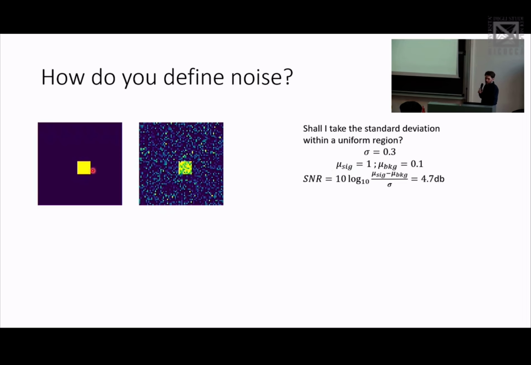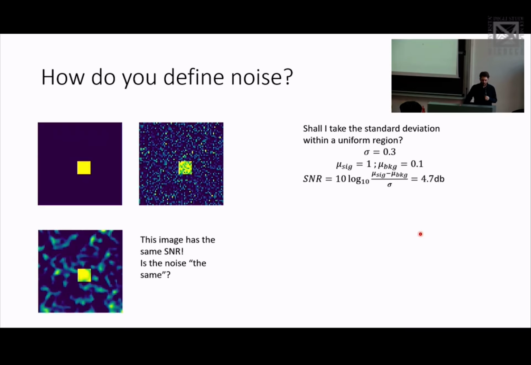Mean value in the signal, mean value in the background, and let's take the ratio between signal and background divided by the standard deviation. And well, it will turn out that this is what we do in the end, but this has lots of limits and we will need to be aware of them.